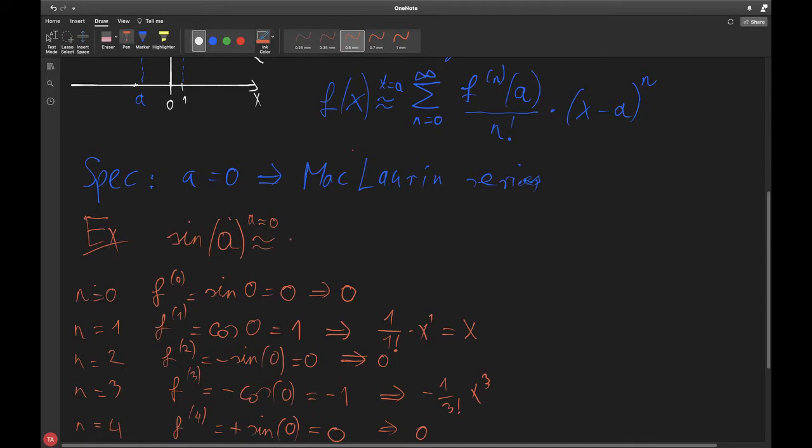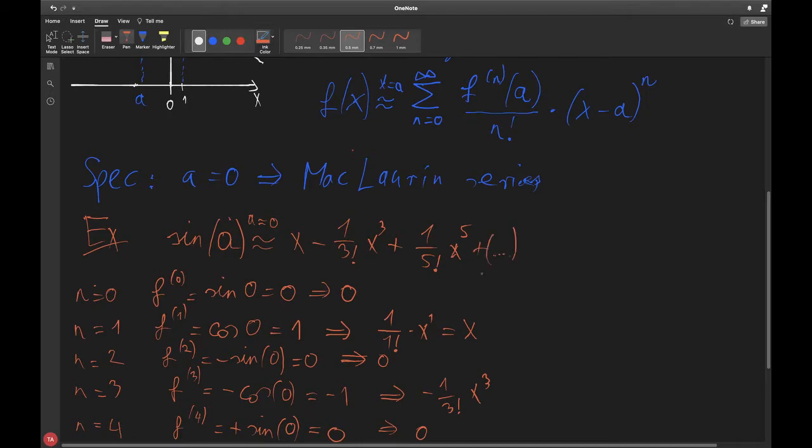So we have x, and then we have minus 1 over 3 factorial x cubed. And then you can see that now we go back to this pattern. So again, the next term is going to be 0, and then the next term is going to come with a plus 1. So that's plus 1 over 5 factorial x to the fifth power, and so on.